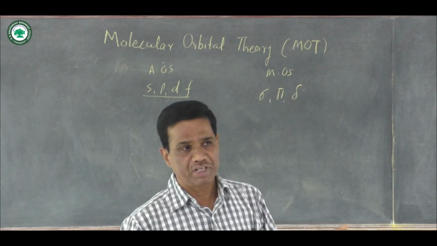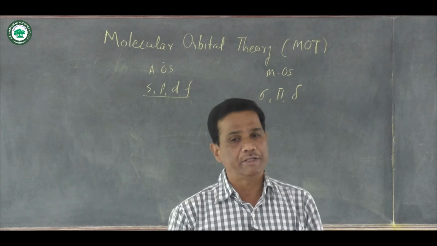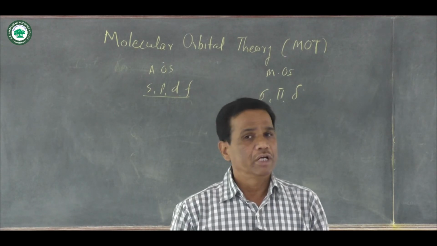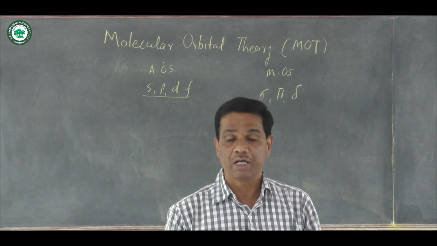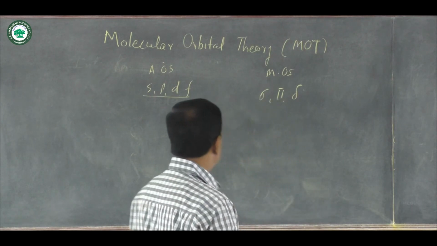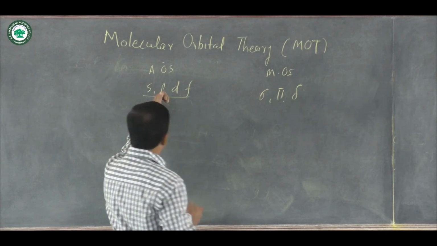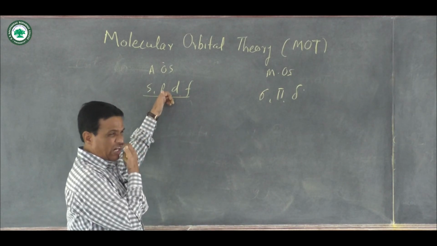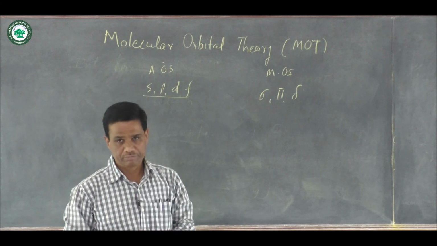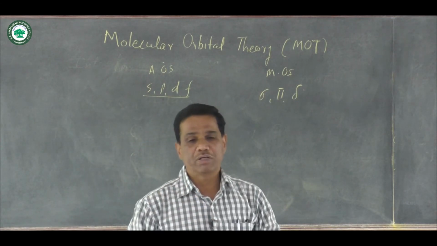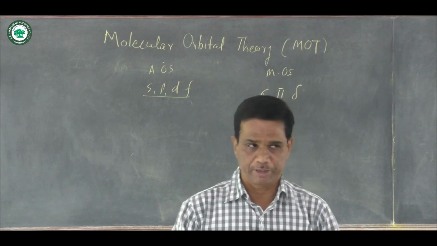First 3 d orbitals lie in between the axis and are lobe shaped. Remaining 2 d orbitals, dx square minus y square and dz square, are dumbbell shape. Then the third point is that s orbital, p orbital, d orbital, the atomic orbitals, are monocentric, but molecular orbitals are polycentric.